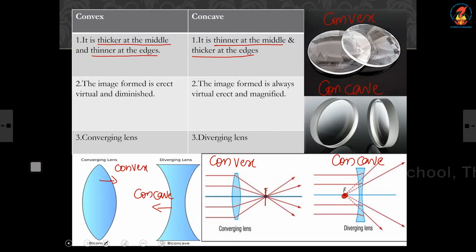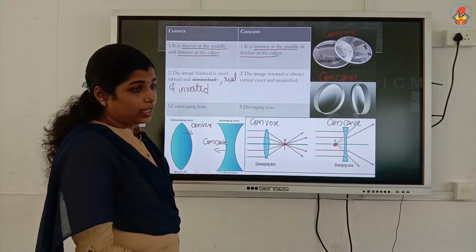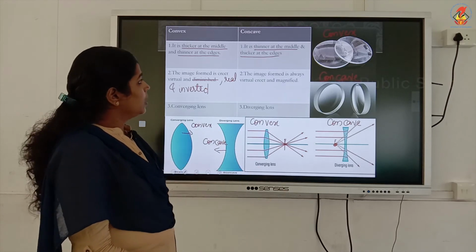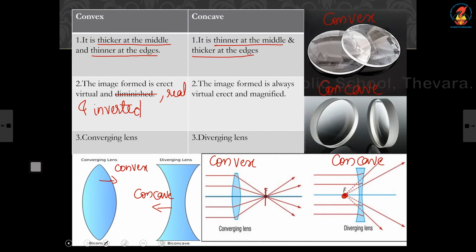A convex lens forms real, inverted, virtual and erect images. For a concave lens, it is virtual and erect.